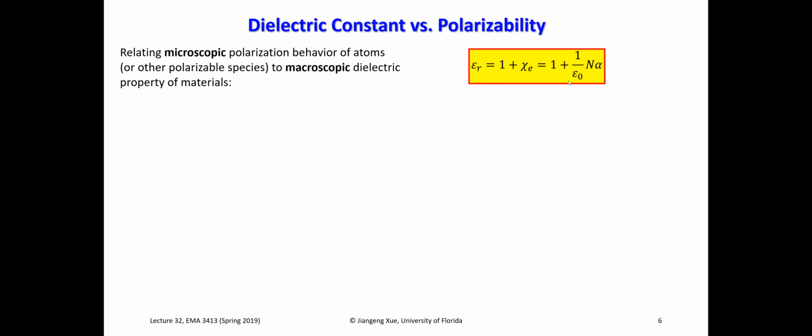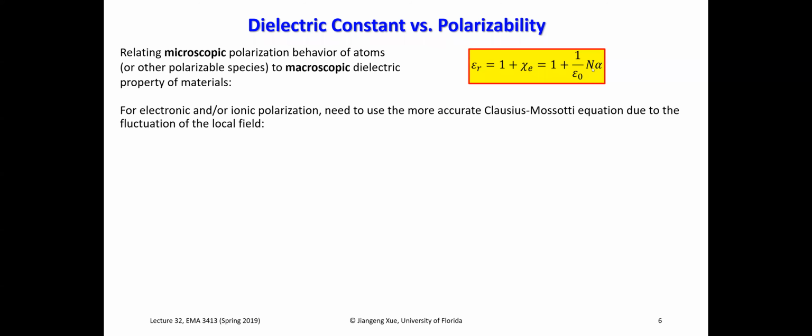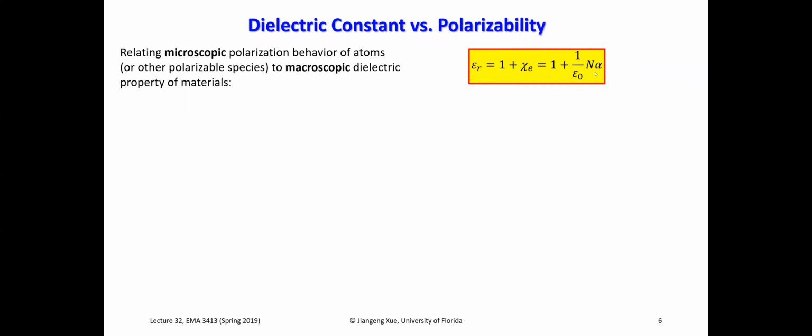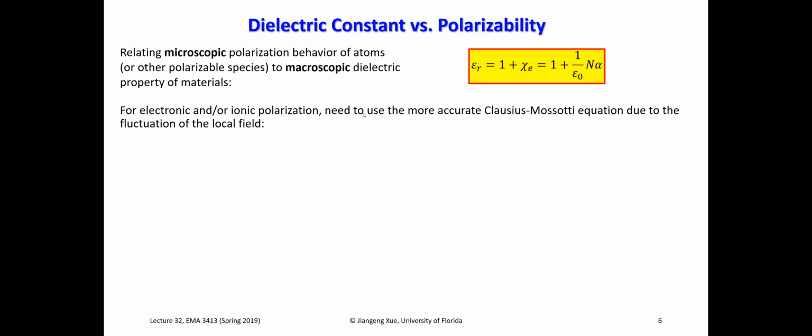We have this very simple form in which chi-e, the electric susceptibility, is basically the concentration of all these polarizable units multiplied by the polarizability of each, divided by epsilon 0, the vacuum permittivity. This is a very simple form, but for systems where electronic or ionic polarization dominates, we actually need to apply a more accurate form to calculate the overall dielectric constant.